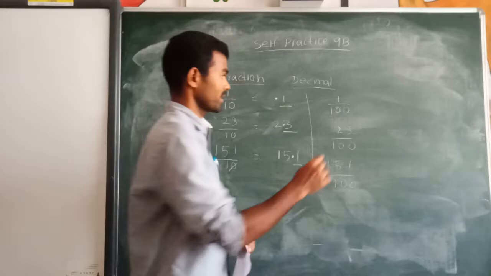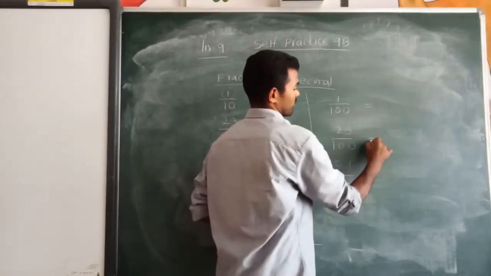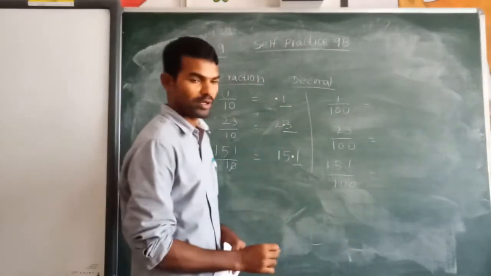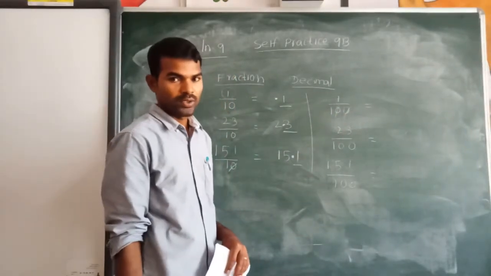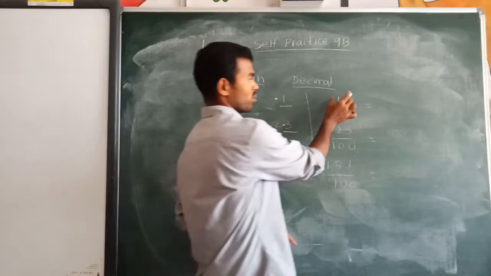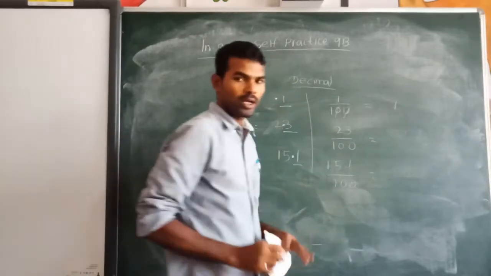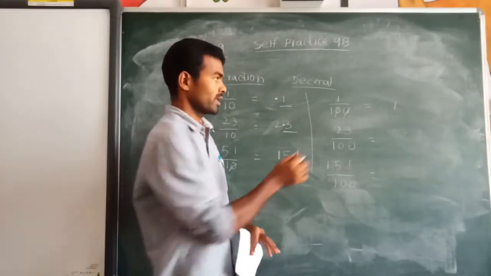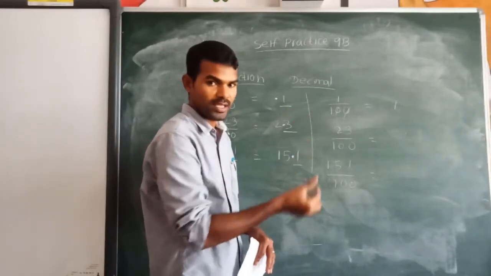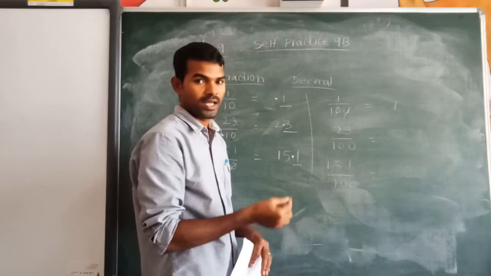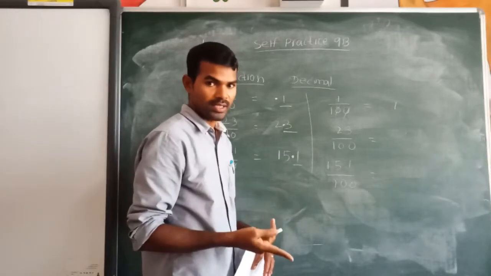If the denominator is 100, what do you have to do? How many 0s are there? 1, 2. Two 0s. So write the numerator here. Here there are two 0s, so after the point, how many digits will come? Two digits. After the point, two digits must come.